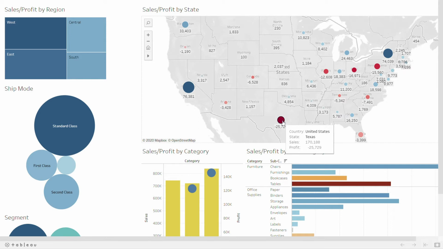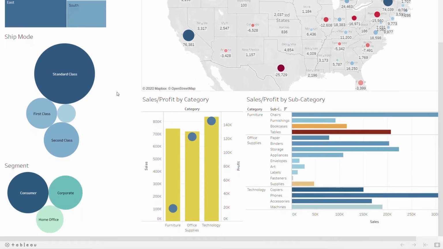As you can see, in Texas we have loss, while California is showing a profit of 76,000. We can see that the most sales and profit is shown by California and even New York, while Texas is showing the maximum amount of loss. We'll look deeper into it later, but before that, let's go through all the elements once.